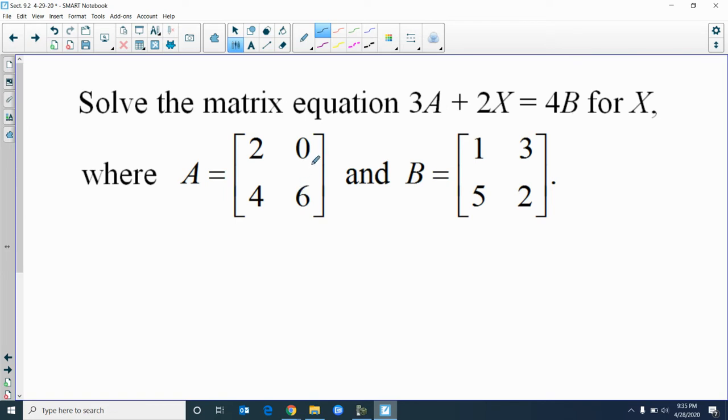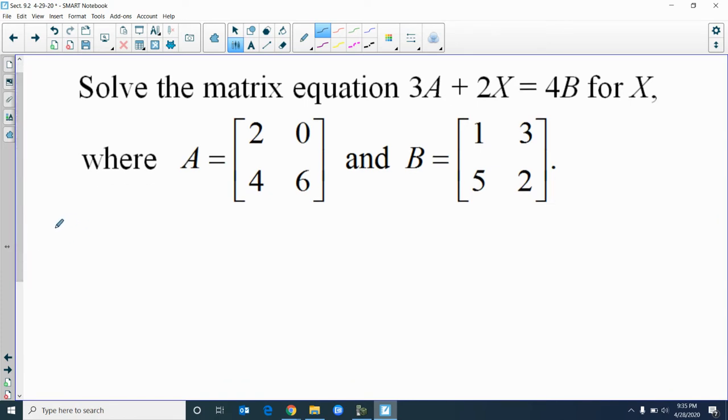Okay, now it says solve the matrix equation 3A plus 2X equals 4B for X. Now let me do something here. Let me just take 3A plus 2X equals 4B. And now A, B, and X are all matrices. And now in order to do this, we would subtract 3A. And I would get 2X equals 4B minus 3A. Well, at this point, we haven't divided by matrices.